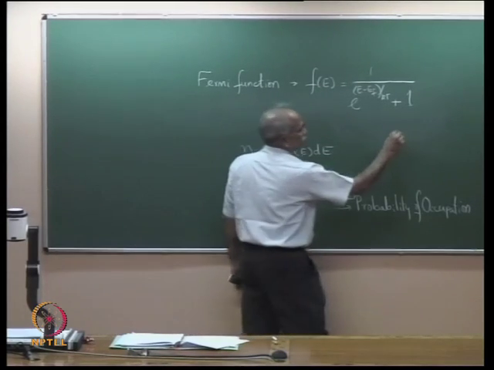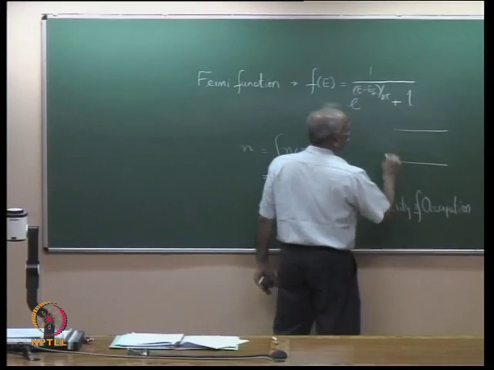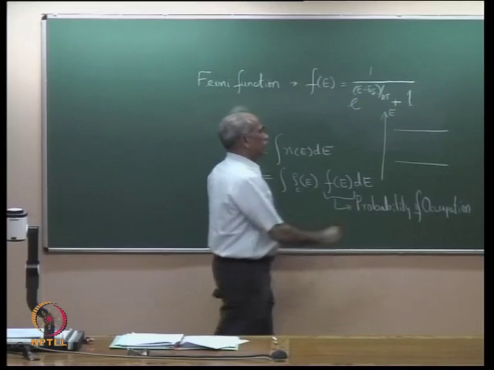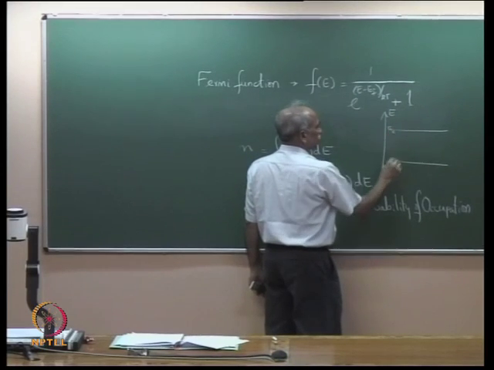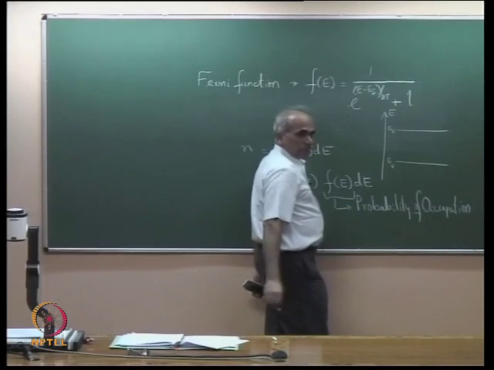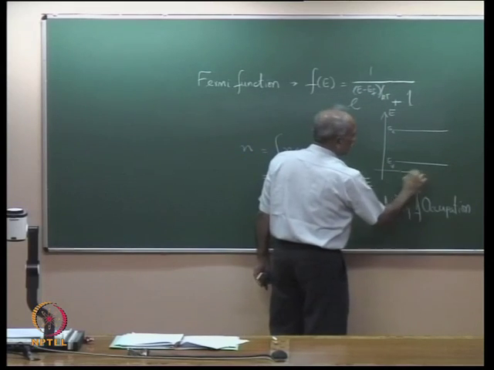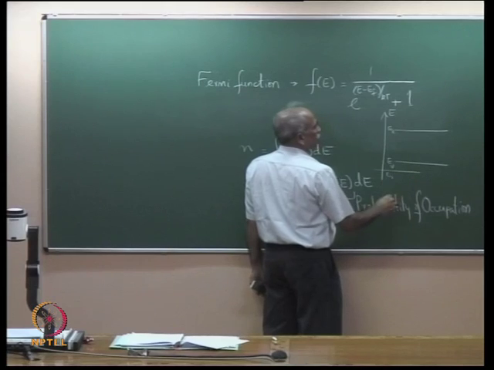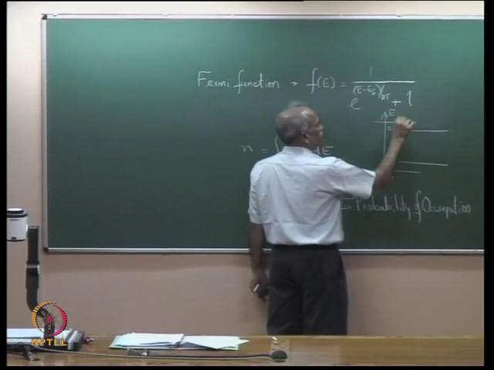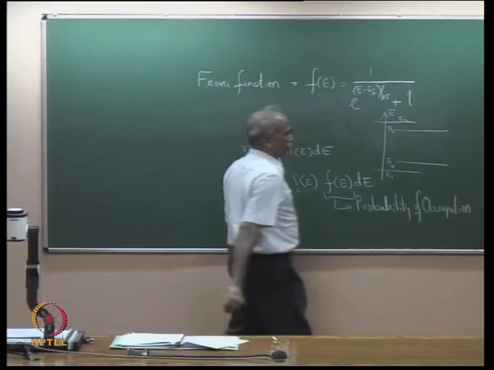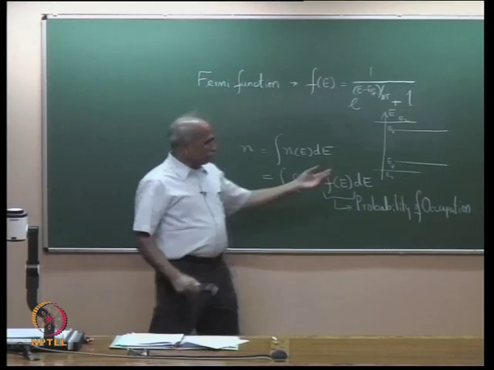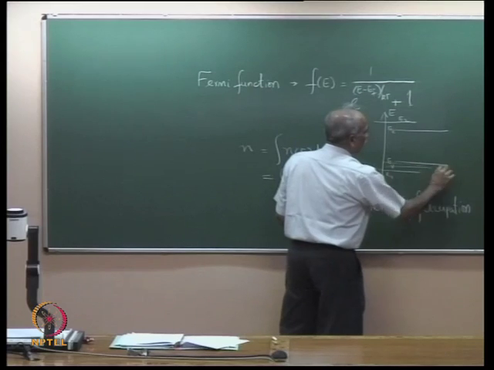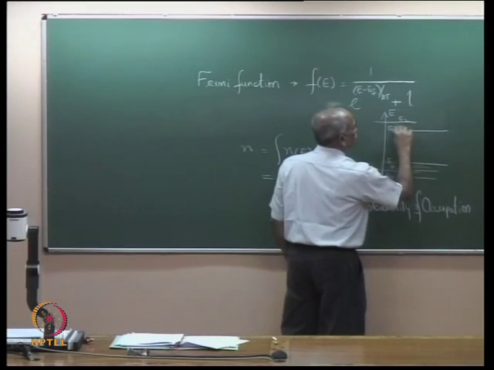So for electrons in the energy band, this is E, always the vertical axis is energy, this is EC, this is EV. If you take an energy level in the valence band, let us say E equal to E1, or an energy level in the conduction band, let us say E equal to E2, and you want to find the probability of occupation, both these bands have a large number of states.